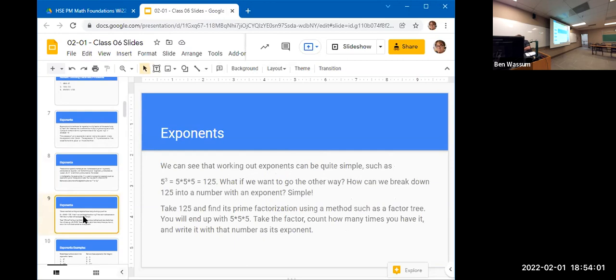You take 125 and you find its prime factorization using one of our many methods. I usually default to a factor tree. You end up with a 5 and a 5 and a 5. You take that factor, count how many times you have it, and write that number as an exponent. So you have 3 5s. Congratulations, that's 5 to the third. Nice and simple.